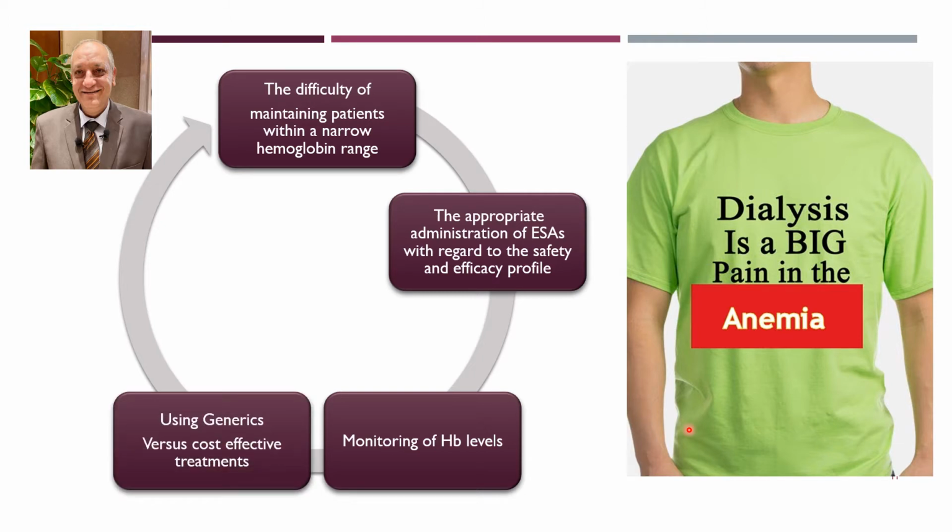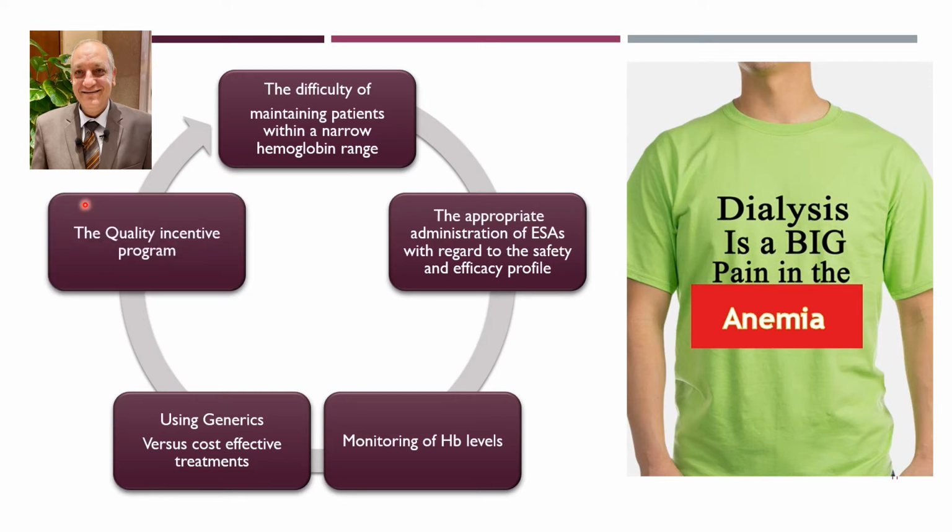When you are using generics versus cost-effective treatments, you may pay much more when you are using generic because the comorbidities increase if you don't have the target hemoglobin or have a fluctuation in hemoglobin level. And finally, the quality incentive program, the payments for the service according to your final score.